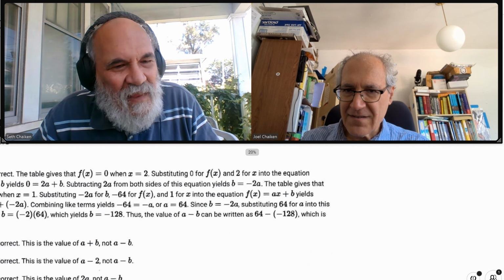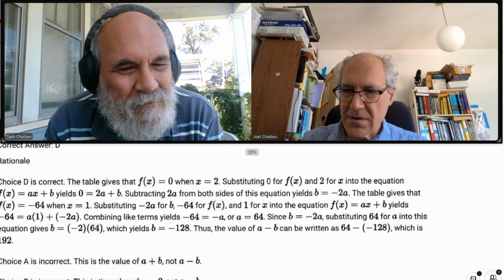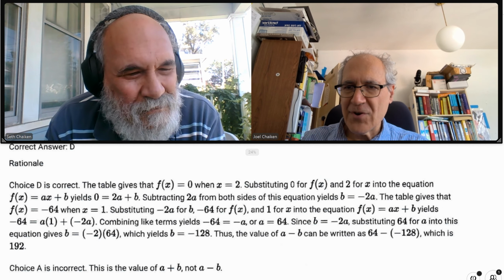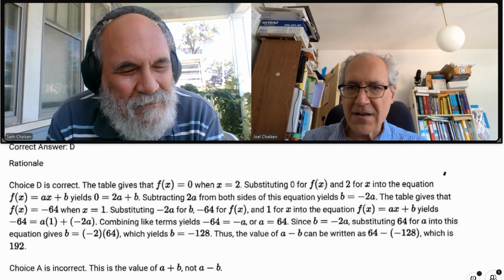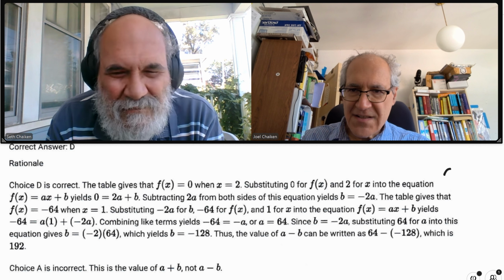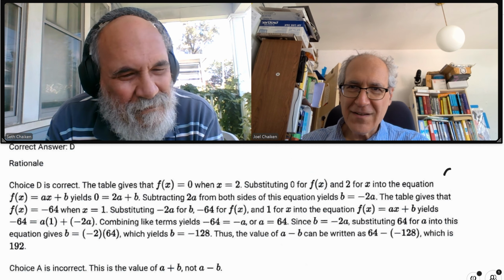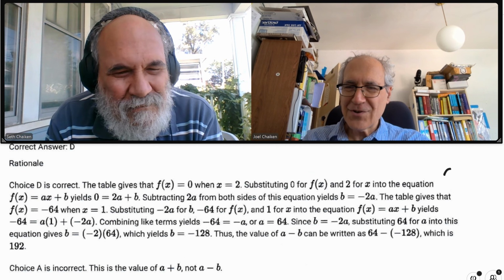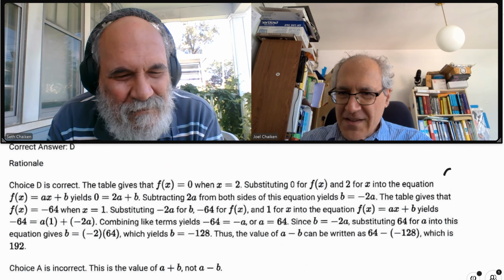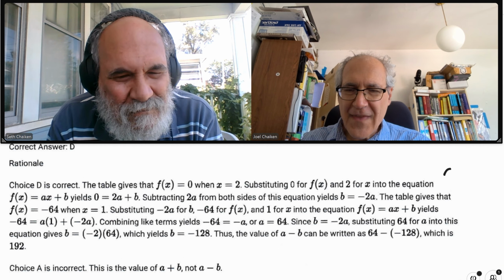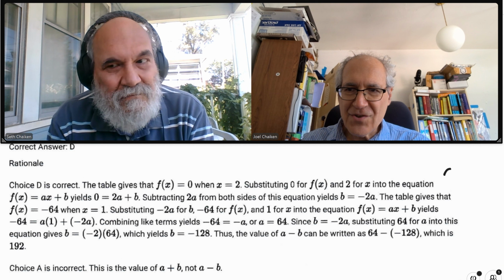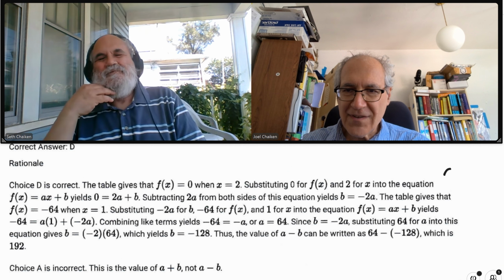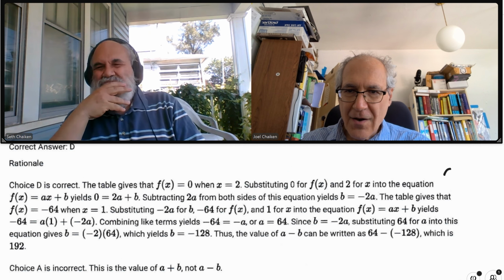Okay, so their answer isn't very long. Oh, okay, we already talked about the main idea. Choice D is correct. The table gives f of x 0. Substituting into the equation yields 2 is equal to... Oh my god, what is this?